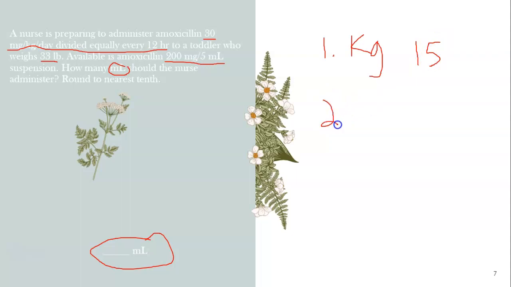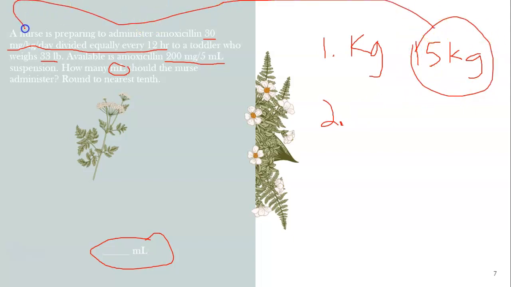Number two, I say, hey, what's my recipe? So this is kilograms because I changed my pounds. And then I can take this and plug it into here. So let's just look at that. That was 30 times 15.